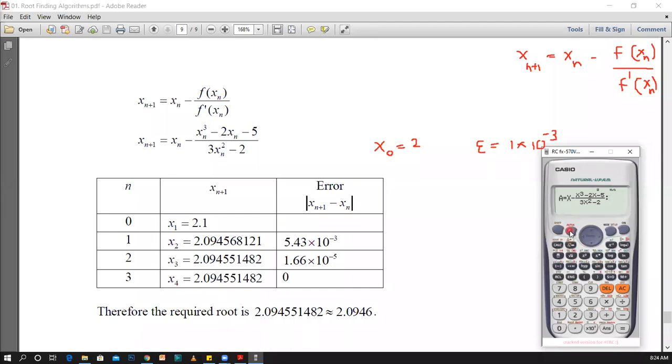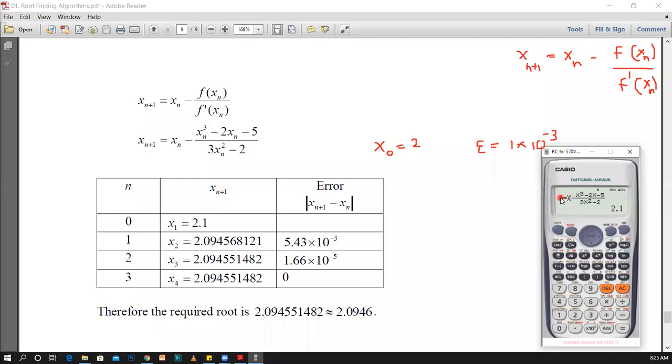In the next stage, the value of x should be the answer that you obtained at the previous stage. And now we will give the value for x. The initial value for x is given as 2. Once you substitute that value, you will get the value of x_{n+1}.